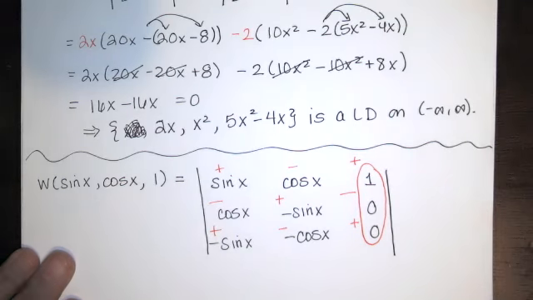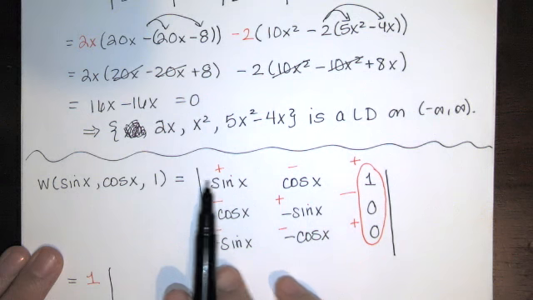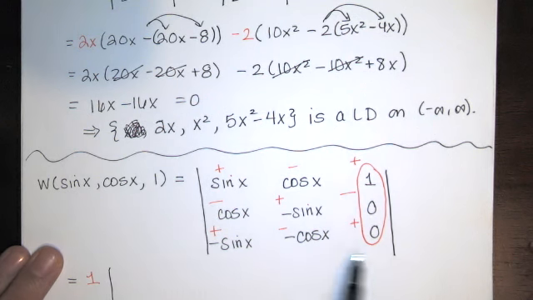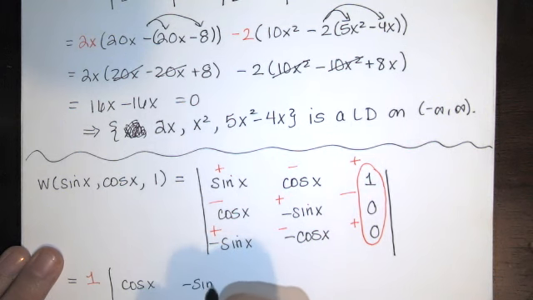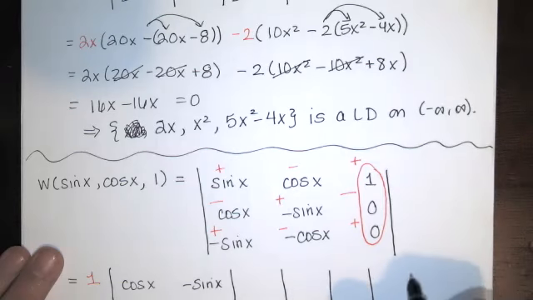And so we end up with 1 times the determinant of the 2 by 2 that comes from crossing out this row and this column. You've got cosine and negative cosine on that diagonal, and you've got negative sine of x and negative sine of x on that diagonal. And then you're subtracting 0 times something, and then you're adding 0 times something.